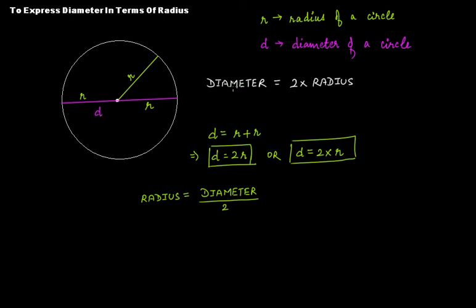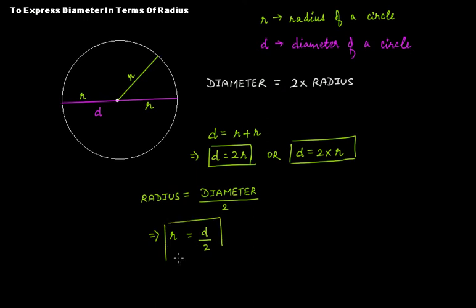Why? Since diameter is twice the radius, radius will be half of diameter, and that's what we have written here. So if I represent radius by r, then this will be equal to small d divided by 2.